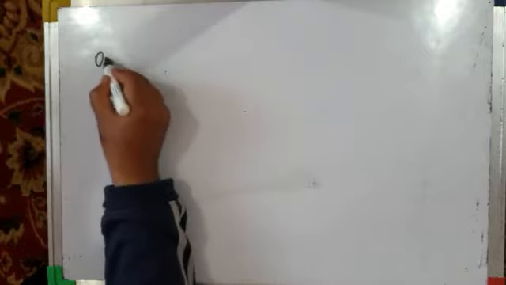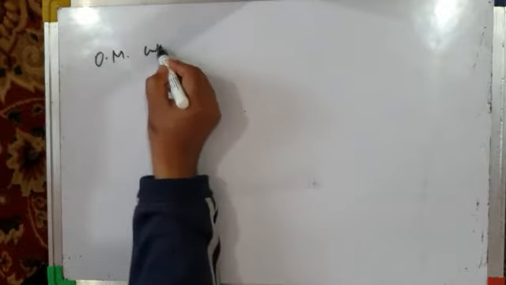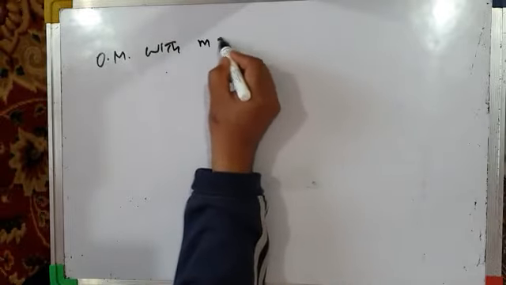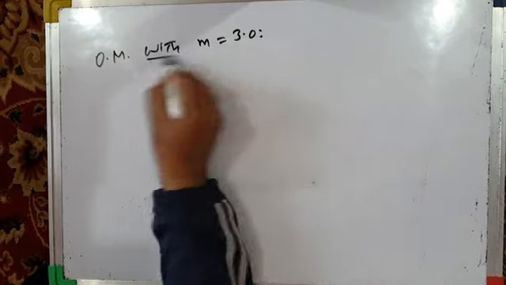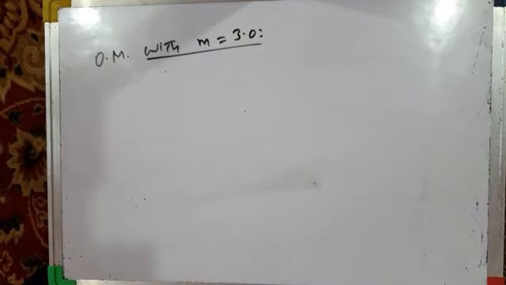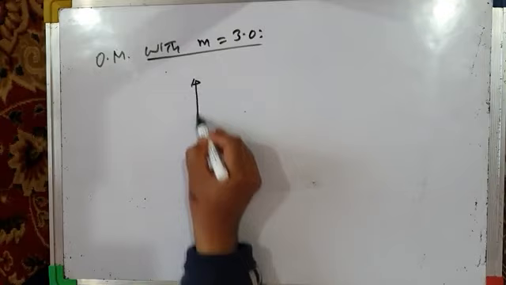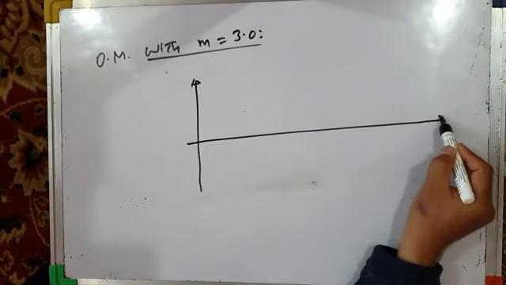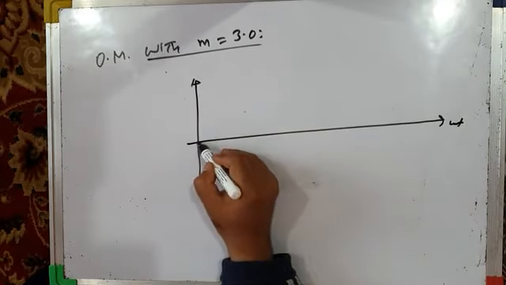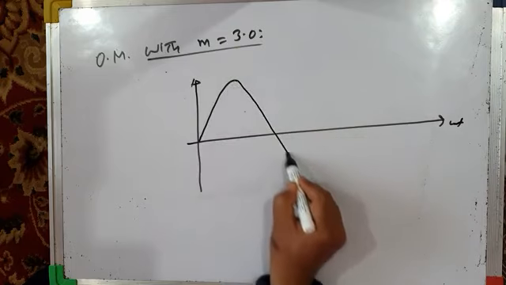Let us take now the last, very high modulation index, over modulation with m equal to 3.0, which is fairly high. Okay, so your three-phase sinusoidal modulating waves will be like this.